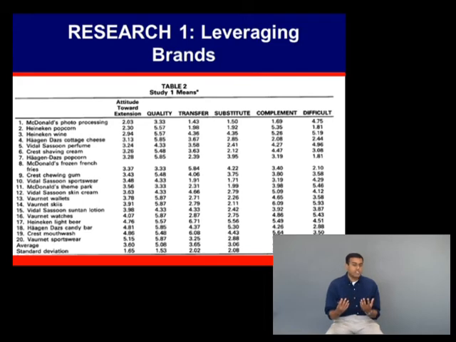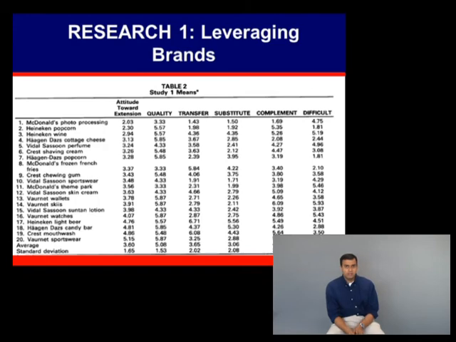That means both could be consumed by the same person, maybe for different occasions, or on the same occasion, say if one person is the purchaser but somebody else is the user. They found that Haagen-Dazs cottage cheese was probably not as good a complement, whereas Heineken wine would be a good complement for Heineken beer. When you're consuming on different occasions, you probably consume wine and beer if you like the brand. The last thing they asked was how difficult you think it is to manufacture and distribute the extension product. And they got those ratings.